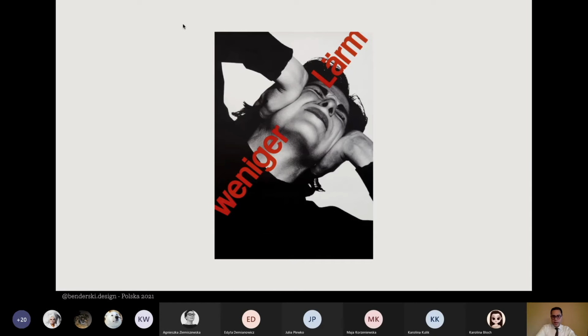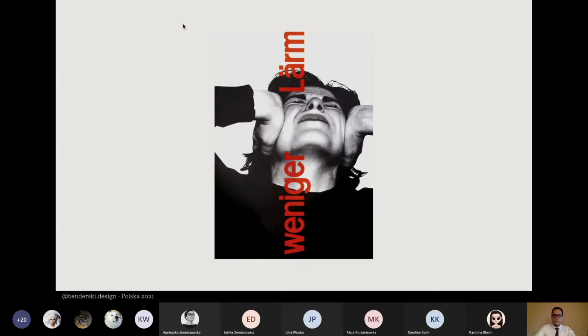This poster in particular was about noise pollution, and this poster worked very well. I want you to understand why this poster works. It is composed of two elements: the woman and the text. The text, in German, says "less noise."